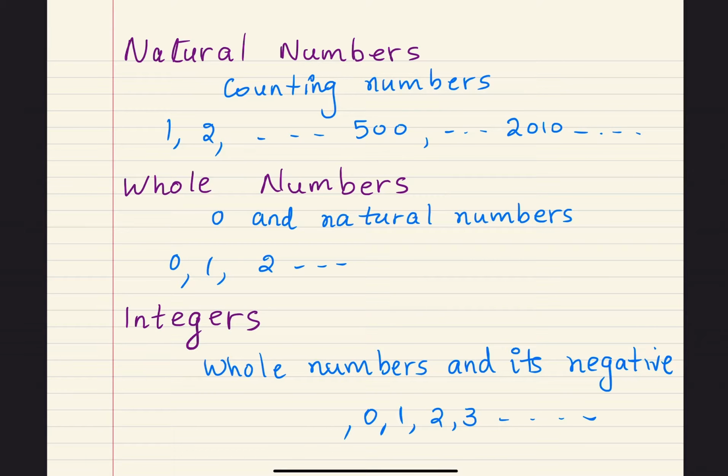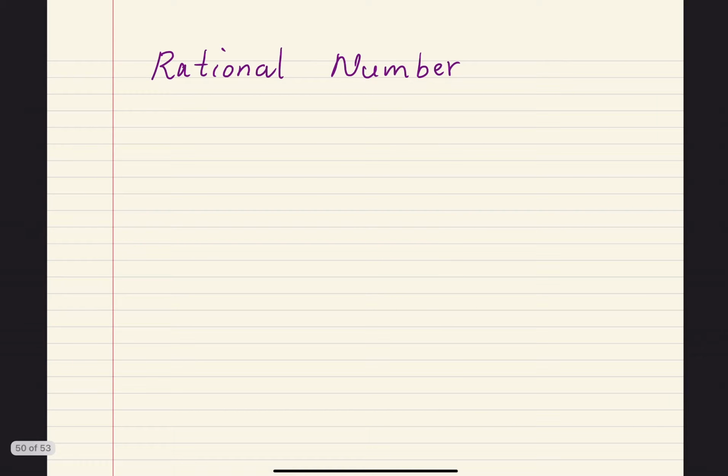The negative of 1 is negative 1. The negative of 2 is negative 2. Negative 3, etc. So if I say 2, 2 is an integer, 2 is a whole number, 2 is a natural number. What about negative 3? Negative 3 is only an integer. You understand? Let's see the next type, which is rational numbers.